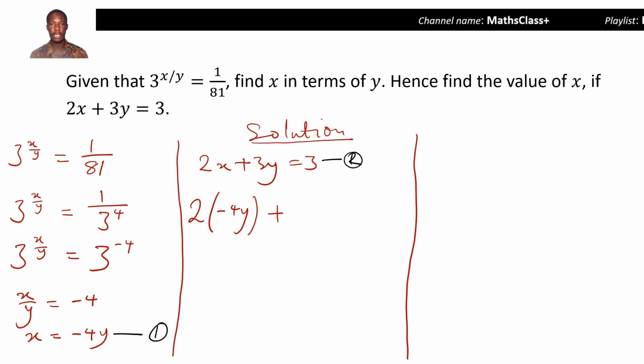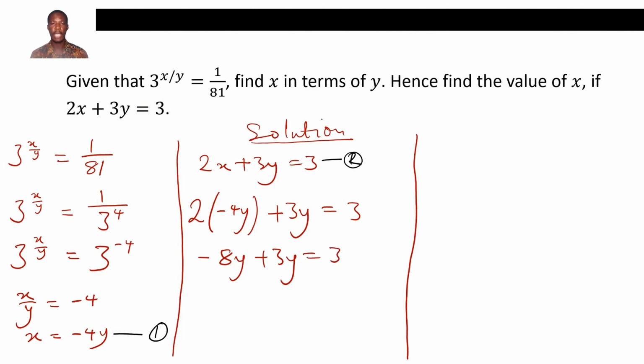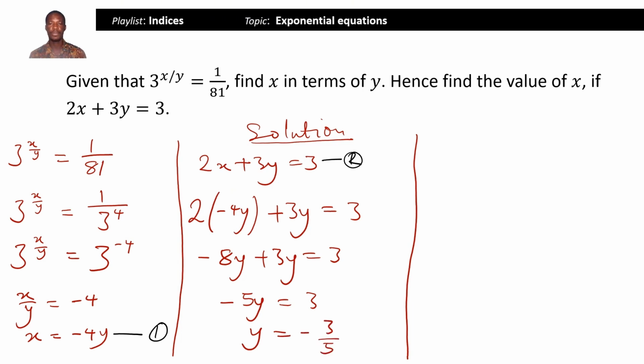Okay, so plus 3y is equal to 3. I open the bracket and get negative 8y plus 3y is equal to 3. When I add the 2, I will get negative 5y is equal to 3. So y here is equal to negative 3 over 5.